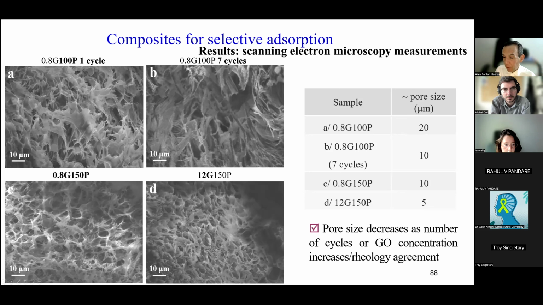And the decrease of pore size by increasing the graphene oxide concentration is more important than the decrease of pore size by increasing thermal cycles. So the most efficient parameter to increase viscoelastic property, associated to a decrease of pore size, is the increase of the concentration of nanofillers.